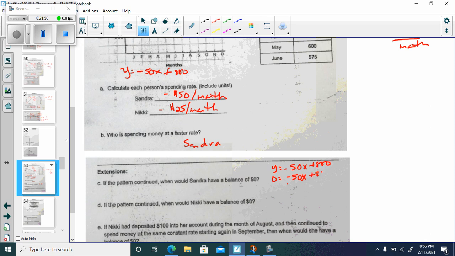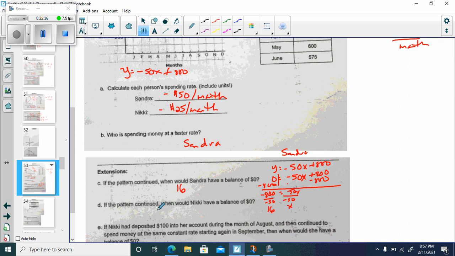We plugged in our 0 for the y. We'd subtract 800 from each side. So negative 800 would be equal to negative 50x. Divide both sides by negative 50. Negative 800 divided by negative 50 is 16. Okay, so it would be 16 months. It would take her 16 months to use all her money.